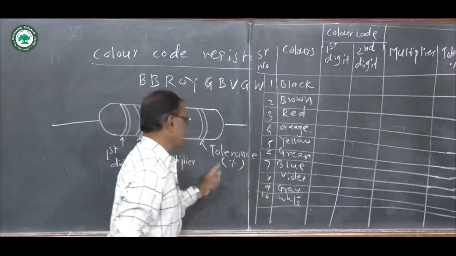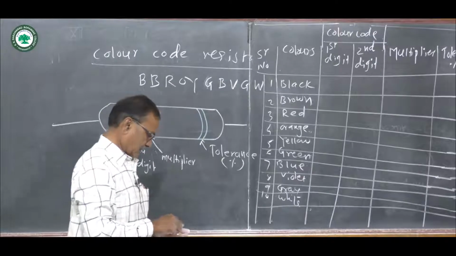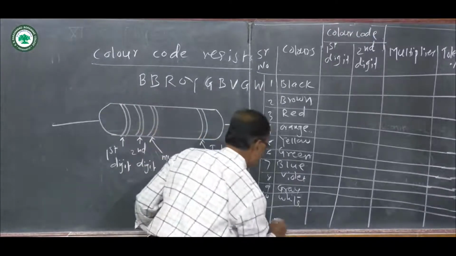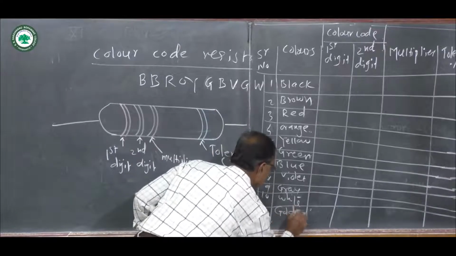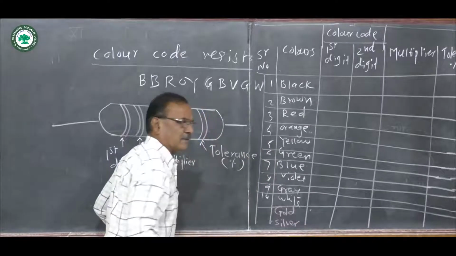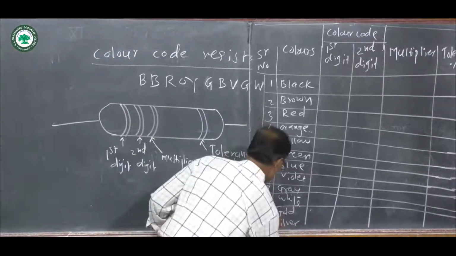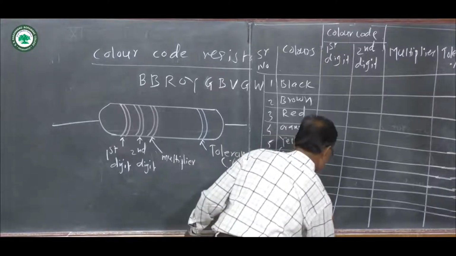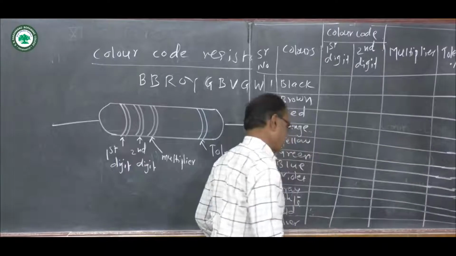And the last color denotes the tolerance. Now tolerance may be gold color, silver color, and if there are no colors, then there is a tolerance given.